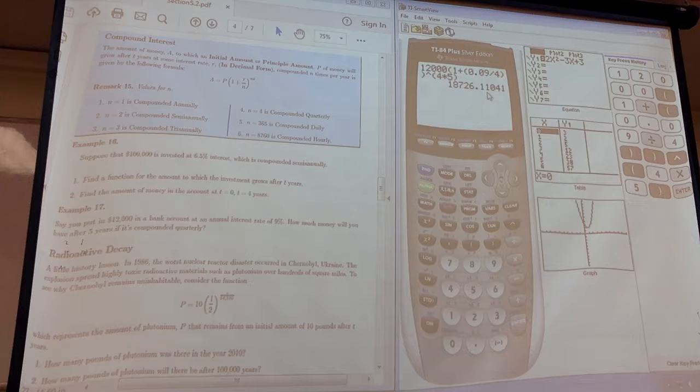So let's take a look at another problem. This one I'm just going to do a piece of. Let's say you have $100,000 invested at 6.5% interest, compounded semi-annually. Let's see how much money we would have after, let's say, 4 years.